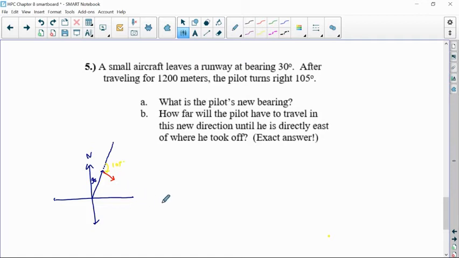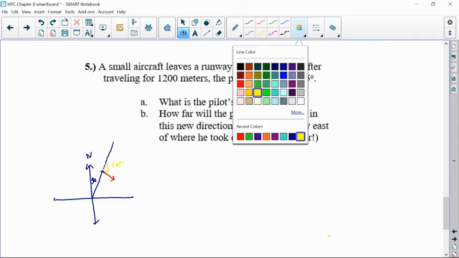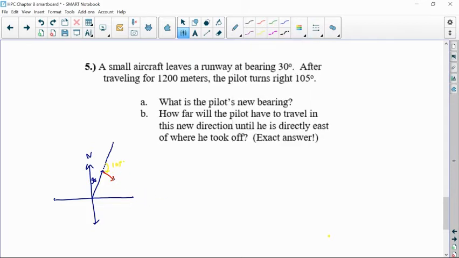And then I'm just going to continue that particular line. It says it's going to keep going until it's exactly east of where he took off. So in other words, I would go right to that spot right there. If that exterior angle is 105, that means this interior angle is 75 degrees.